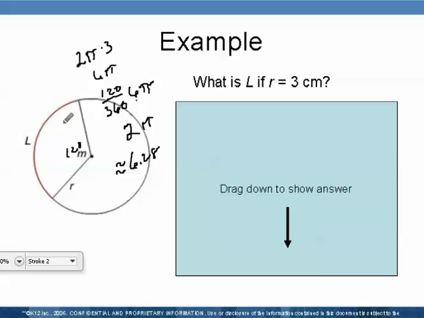That's what this length L would be. You guys see how I worked that out? I used the 2 pi times the radius, 3, 2 pi r. And then I used the degree measurement, 120 degrees of a full 360 degrees.